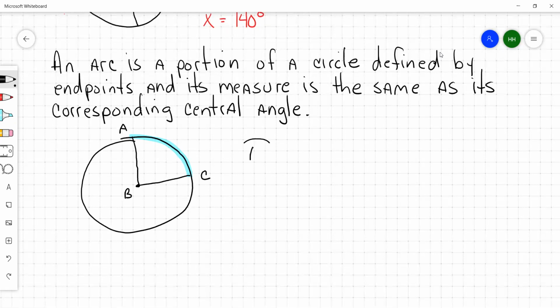This would be called arc AC, the blue arc there. And arc AC is equal to the measure of angle ABC. So if angle ABC was 88 degrees, then the measure of arc AC would be equal to 88 degrees.